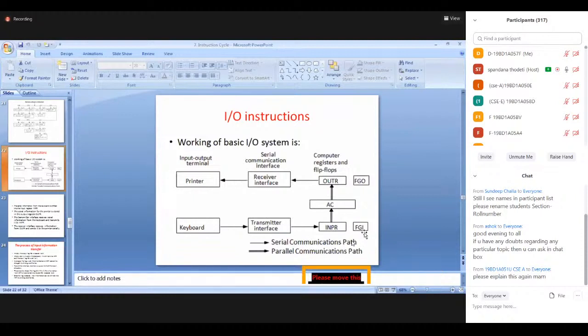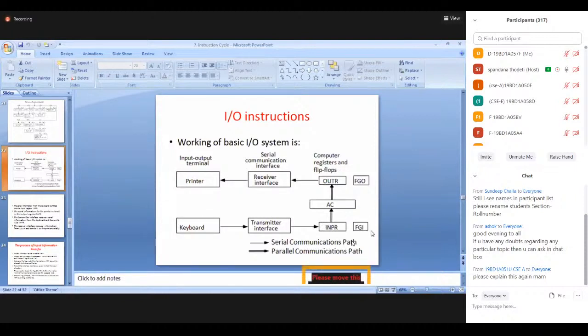Initially, the value of FGI is set to 0. Whenever the value of FGI is 0, INPR can receive the data. Once the data is accepted by INPR, the FGI value is set to 1.